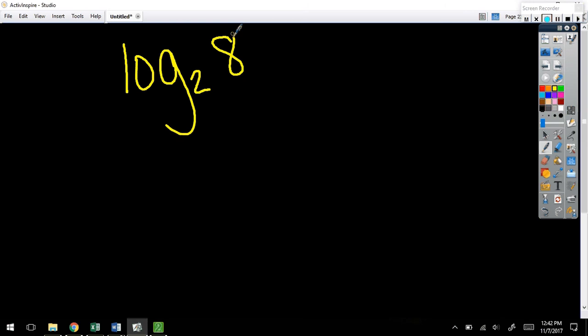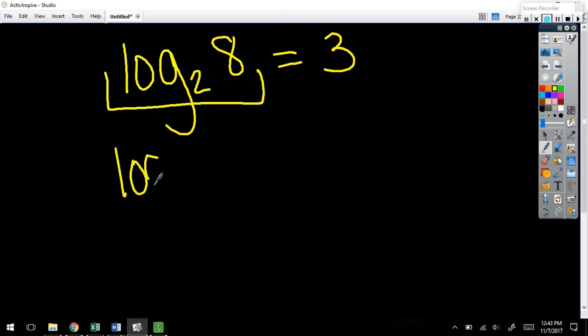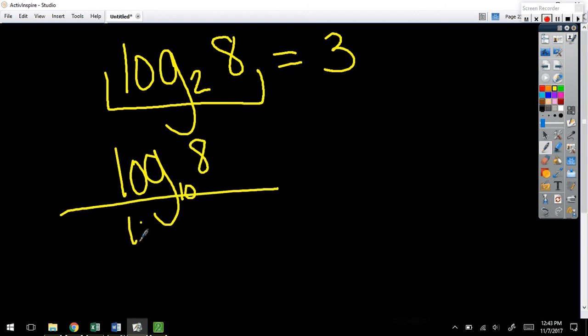We can use what we call a change of base. We know that equals 3, but there's not a way to put that in your calculator. But logs have this special property: if you do log, and it doesn't matter what this base is, and since your calculator does base 10, I'm going to make it base 10, of 8 divided by log of the same base of 2, it will tell you what this equals.